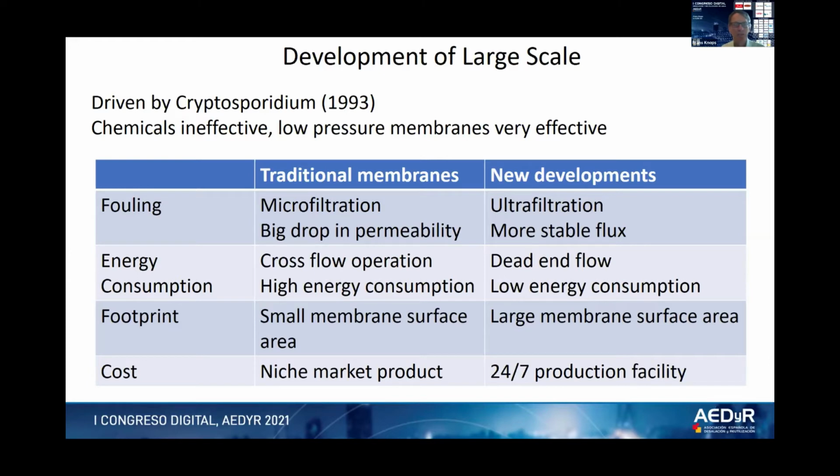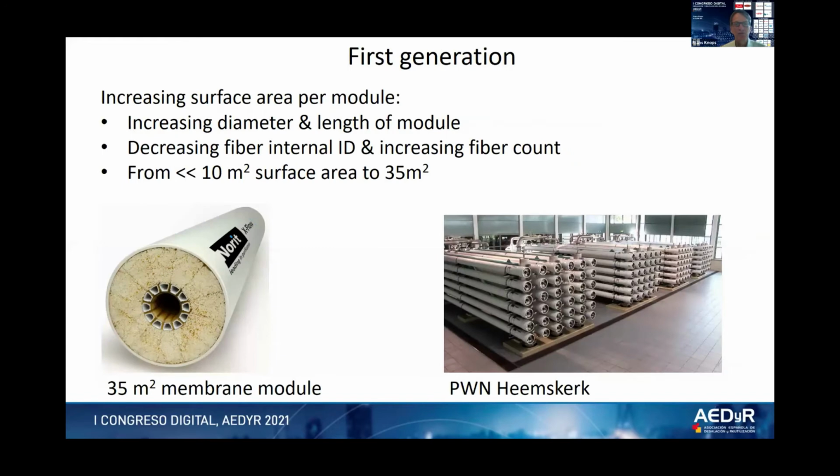So here are some pictures of the first generation of membranes. As you saw in one of the previous pictures, membrane modules with 1 square meter. Now we're talking about membrane modules with 35 square meters, already a lot more surface area in the same membrane module. This was realized by increasing the diameter, increasing the length of the membrane module, and by decreasing the size of the fiber.